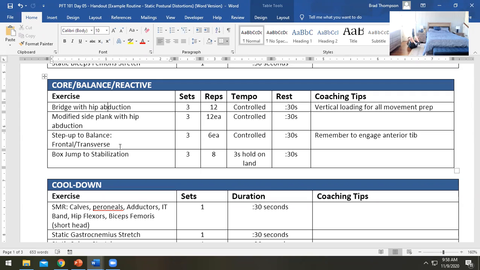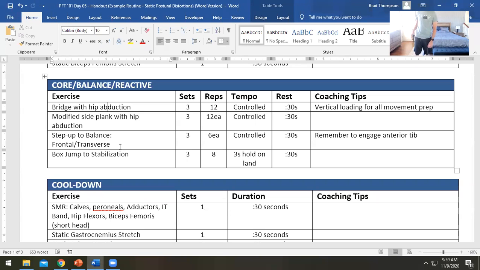So I'm going to put a resistance band around my knees so that I can squeeze against it as I bridge up. And that's what's going to really help with strengthening both of my glutes simultaneously. It'll strengthen my gluteus medius, which does this, and it will strengthen my gluteus maximus, which does this simultaneously.